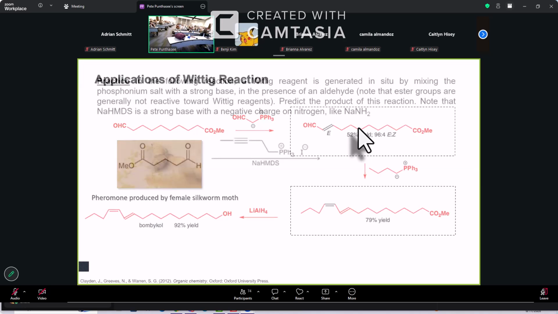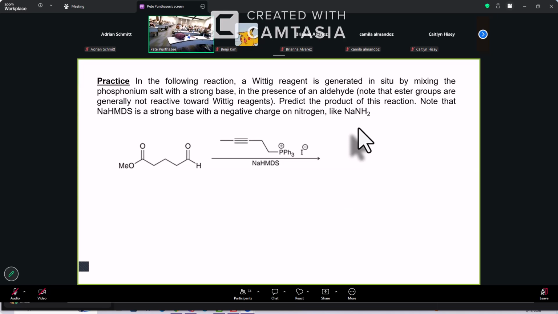Okay. Give me the product. All right. We have an ylide attacking that compound somewhere. All you have to do is draw a double bond between them. You just need a double bond between them. E or Z, be careful.